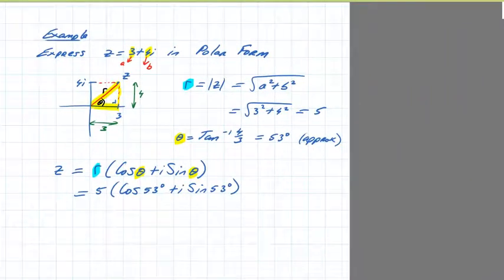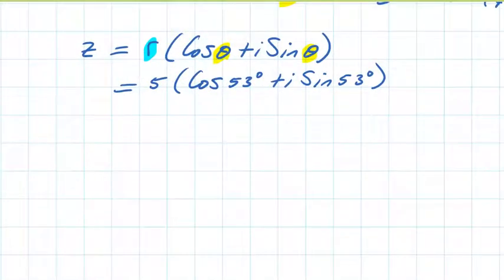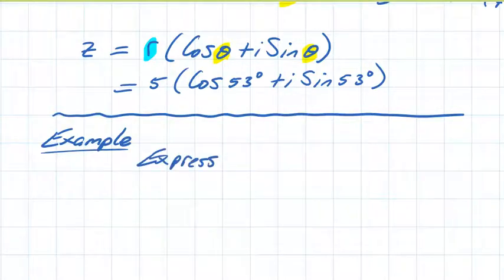Now, one more example. So we'll do a slightly different one, where the diagram is more important. So express z equals minus 2 minus 2i in polar form.